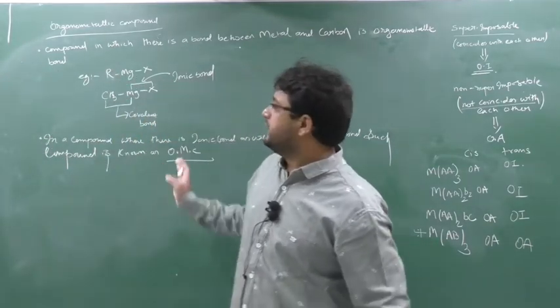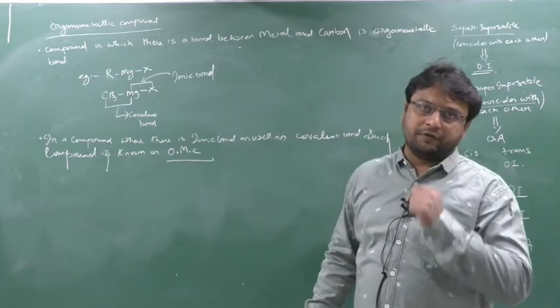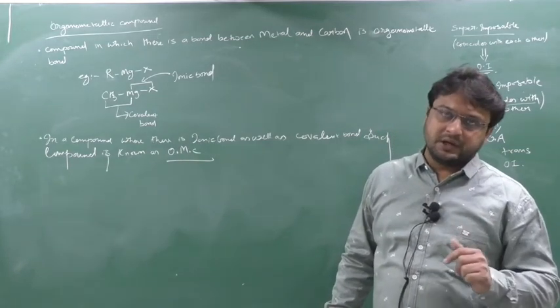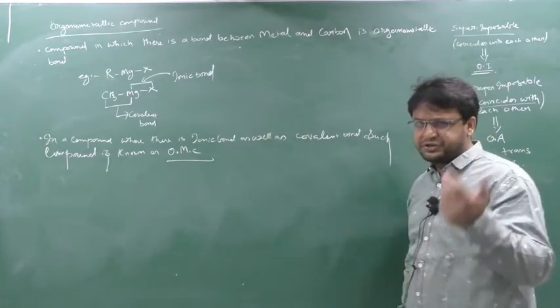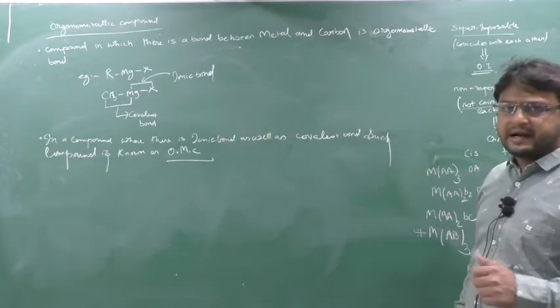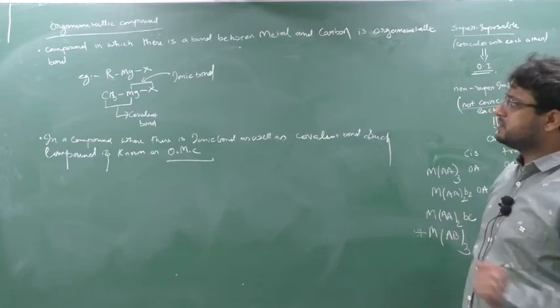If you want to see this in detail, you can go to my videos in the alcohol phenol ether chapter, and there you can see the video for Grignard reagent. When you see the video for the Grignard reagent, you will find this organometallic compound.